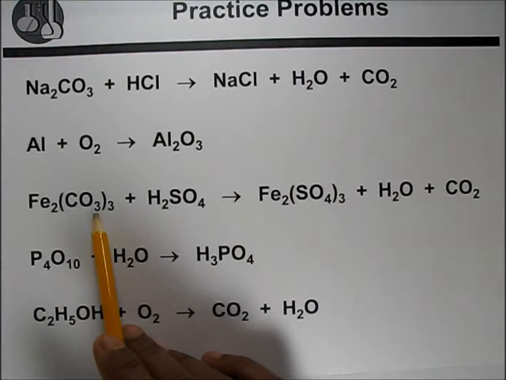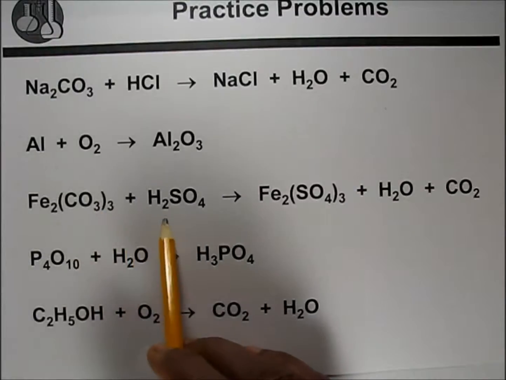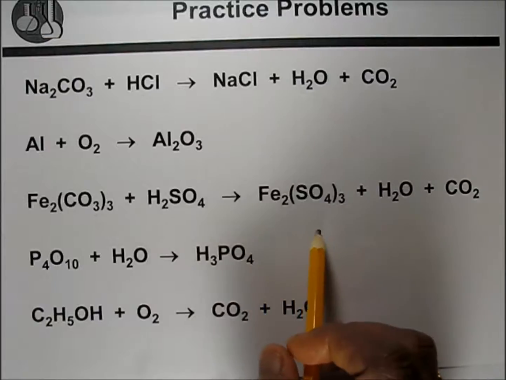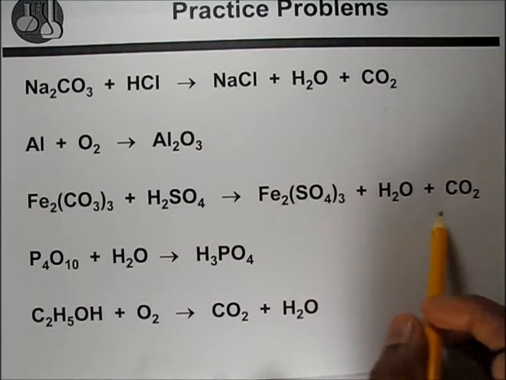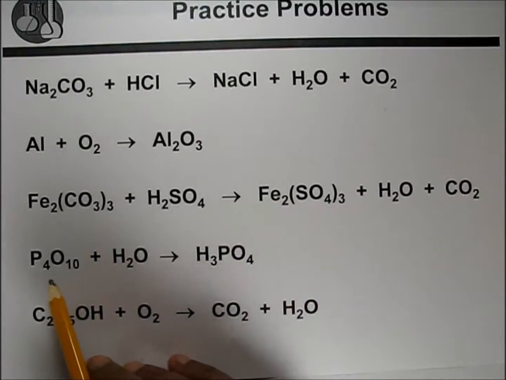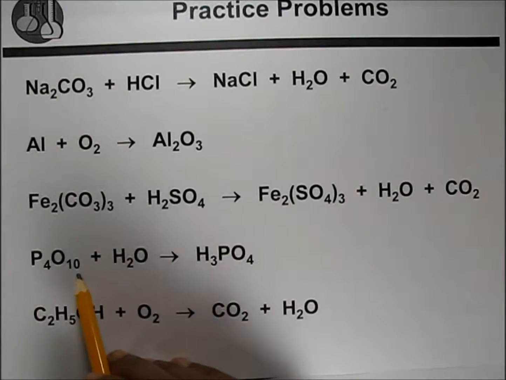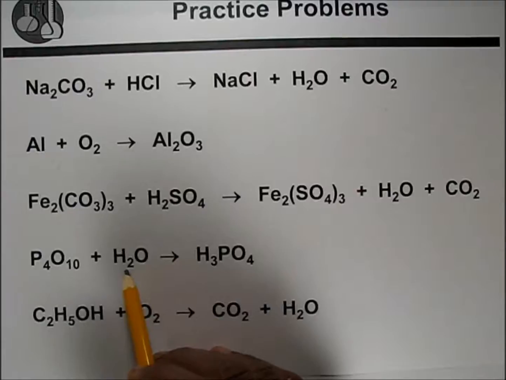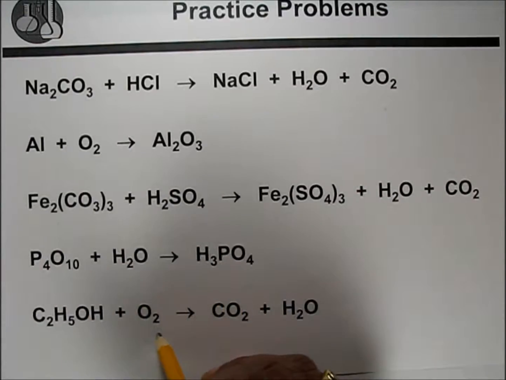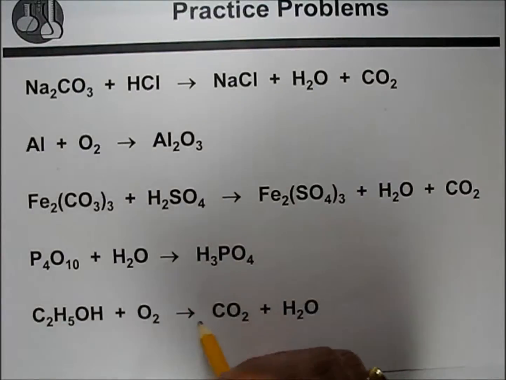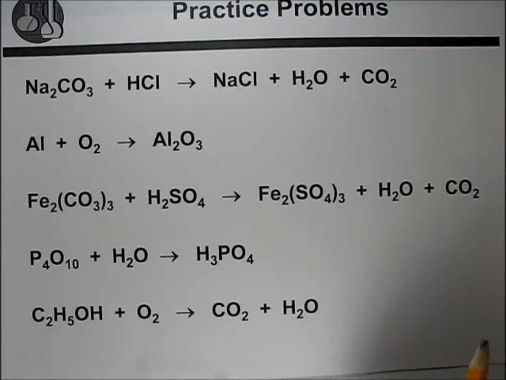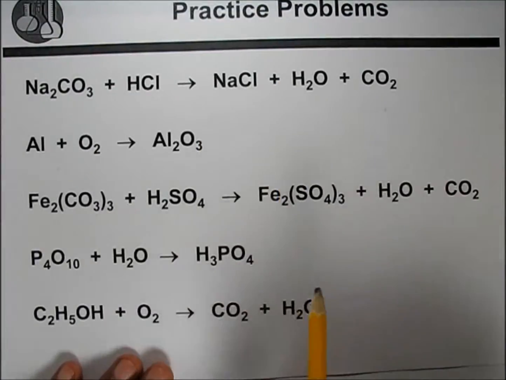Ferric carbonate, when it reacts with sulfuric acid, forms ferric sulfate, water and carbon dioxide gas. Tetraphosphorus decaoxide, when it reacts with water, forms phosphoric acid. Ethanol, when burned in oxygen, forms carbon dioxide gas and water molecule. So we'll see one by one how to balance each equation.